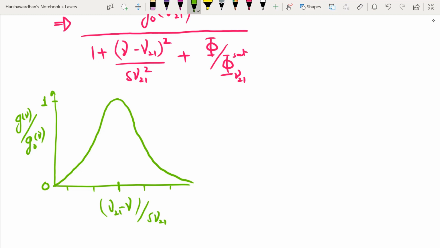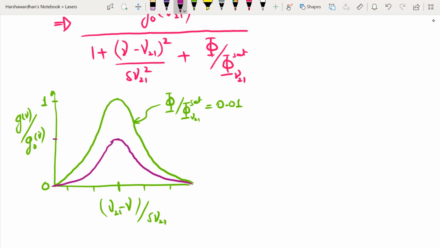And this, for example, is the situation when phi by phi saturation at nu to 1 is very small, right? And you will see that when this quantity, so this is, let's say, the level of 0.5, and this corresponds to this fraction being equal to 1, right?